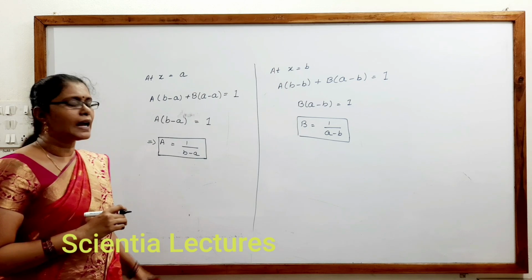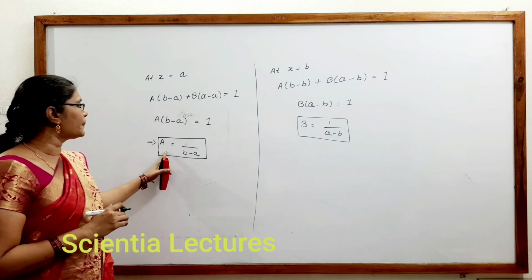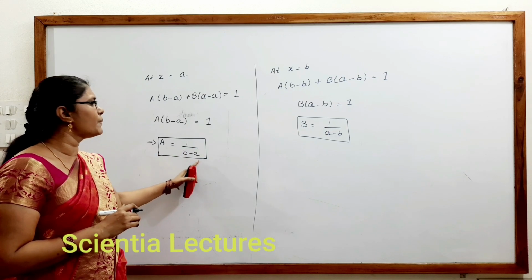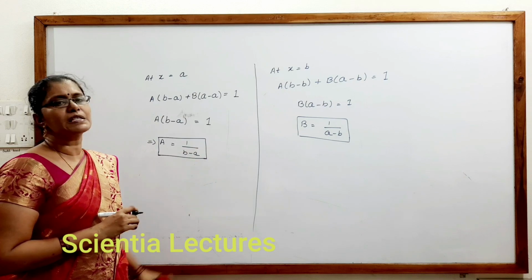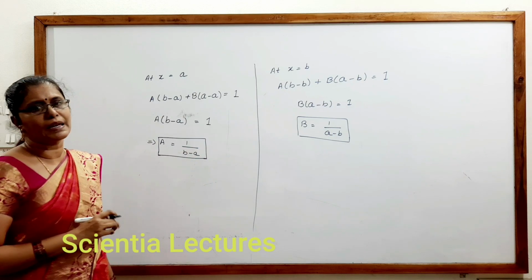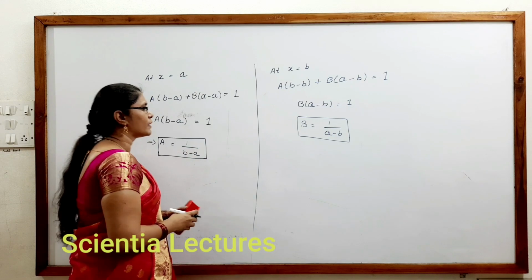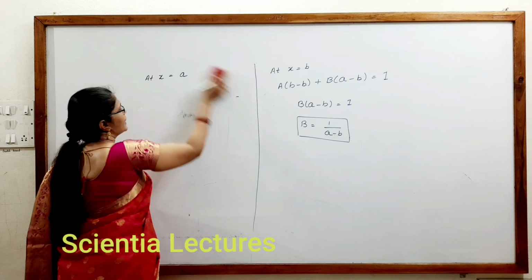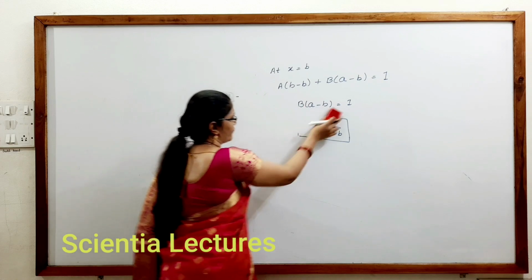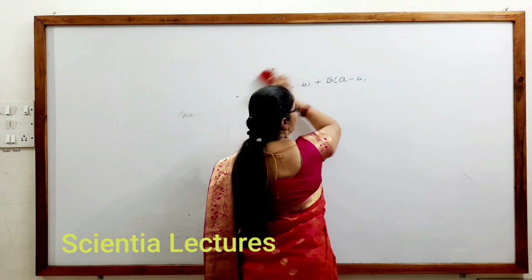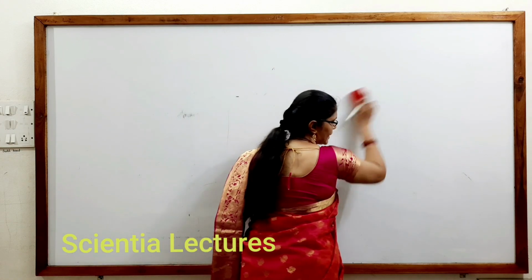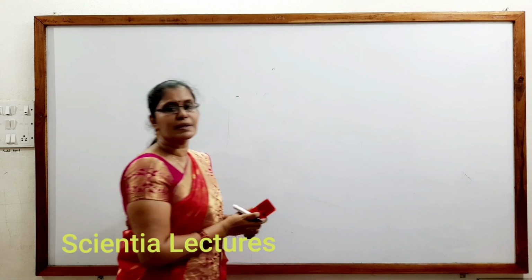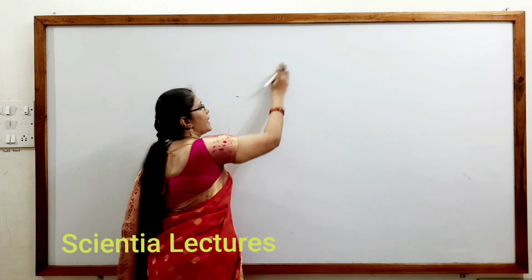If you have split that, you can observe that capital A must be equal to 1 by (b minus a) and capital B must be equal to 1 by (a minus b). That's what we have got. Now let us substitute it in the original equation to get the integration of that.